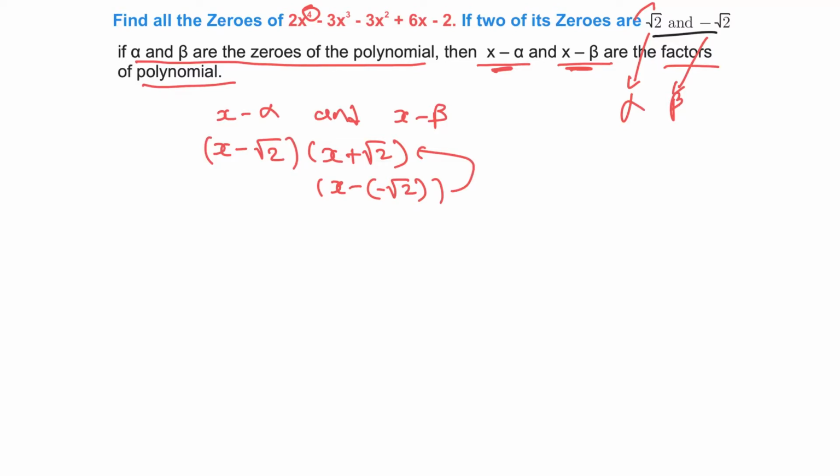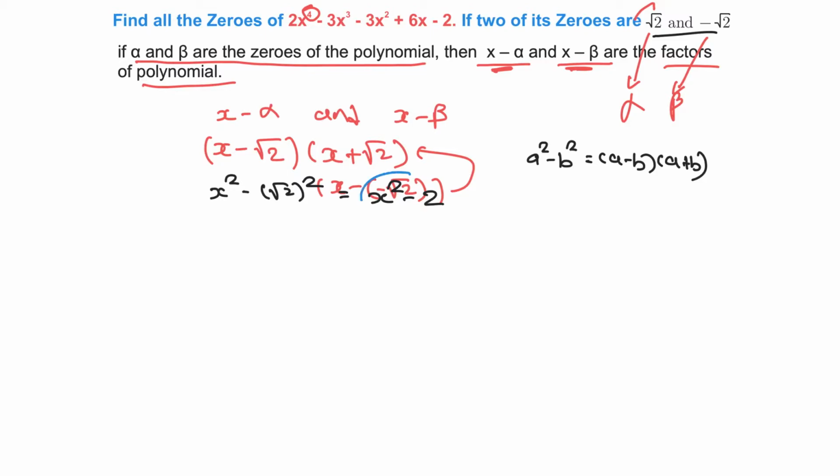This expression is of the form a square minus b square is equal to a minus b into a plus b. So it can be converted into x square minus root 2 square, which is x square minus 2, as root 2 square will be 2.